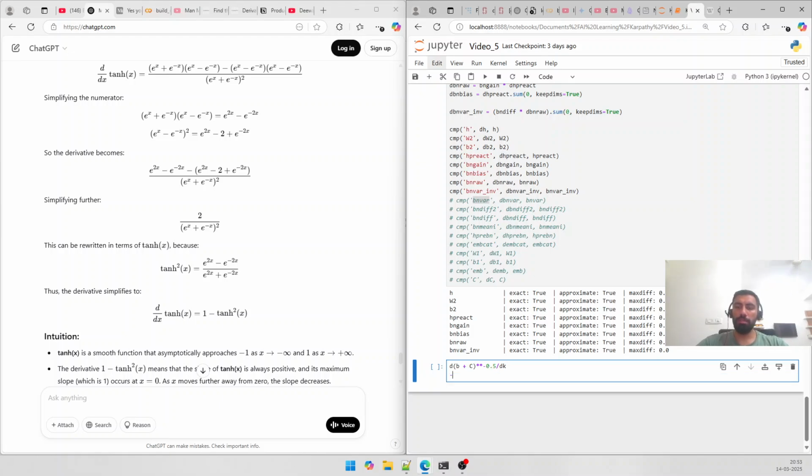The power comes out, multiplied by, and minus 1 is added as well. It's actually minus 0.5, minus 1, minus 1.5.